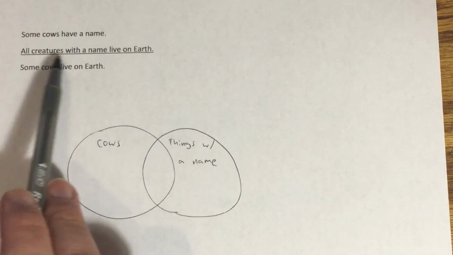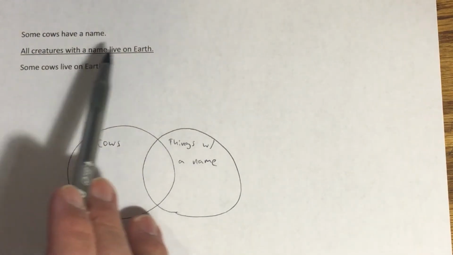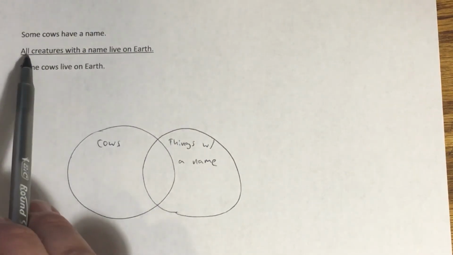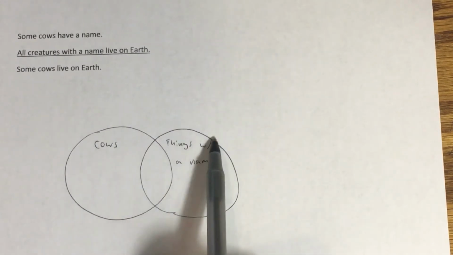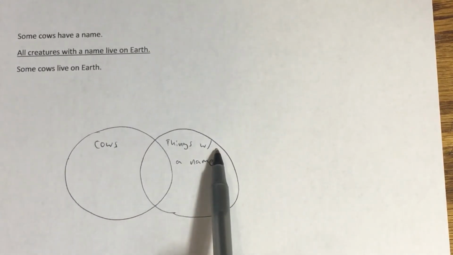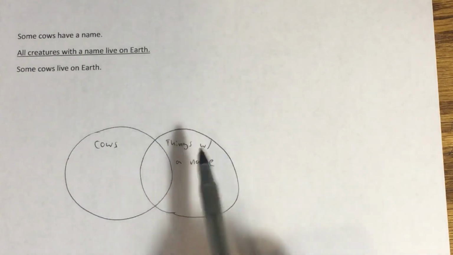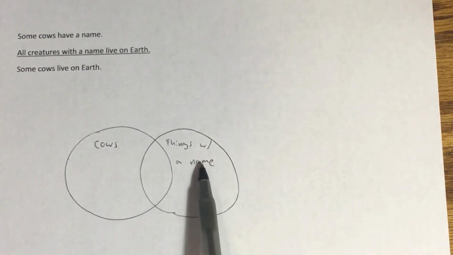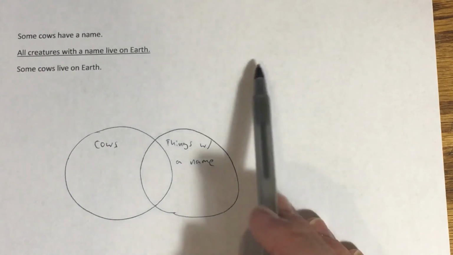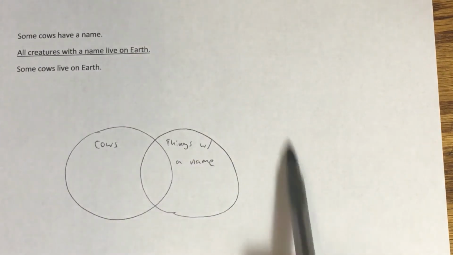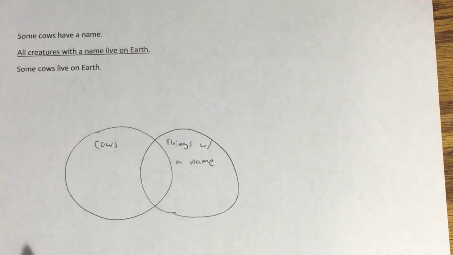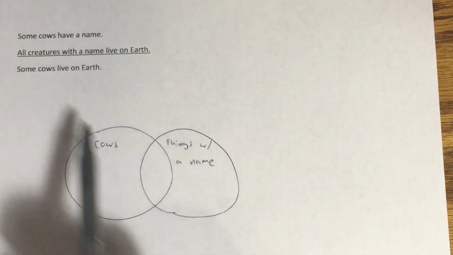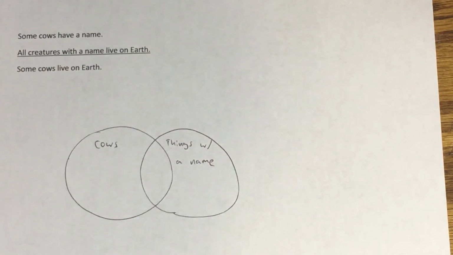Now, all creatures with a name live on Earth. So a universal quantifier. And it's saying that all things with a name live on Earth. So I should have a bigger circle of things that live on Earth, and it should completely contain the set of things with a name. Now, should the larger circle contain both of these? It could, but we have nothing that would imply that that's the case, because nowhere does it say that all cows live on Earth.